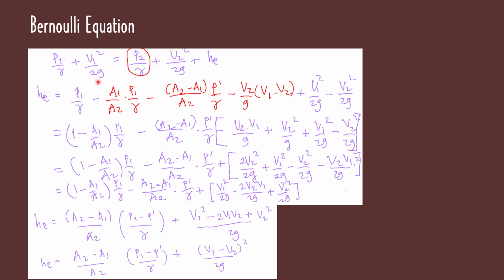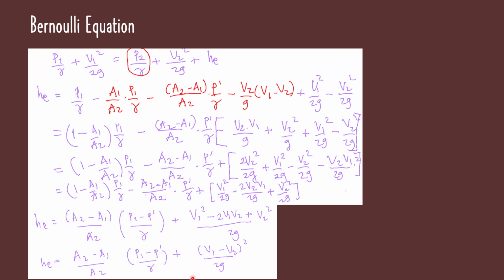From this, if we want to find HE, then P2 over gamma we substitute with the previous formula, so we can add this, and after that we make it simple.